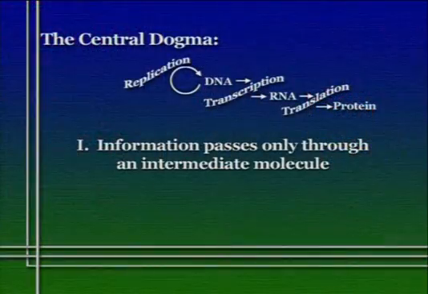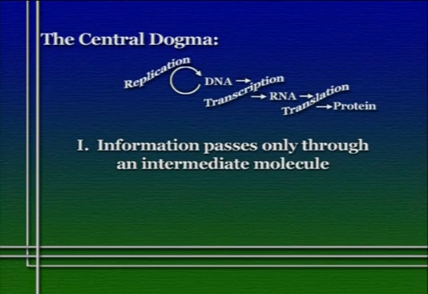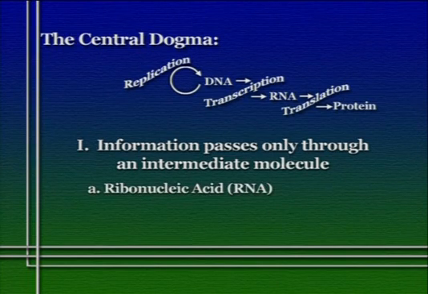Now, there are two main points that are embodied in the Central Dogma that Crick proposed. The first point is the suggestion that information doesn't pass directly from DNA to proteins, but instead passes through an intermediate molecule. This intermediate molecule is the other main kind of nucleic acid that we've mentioned, ribonucleic acid, or RNA for short.